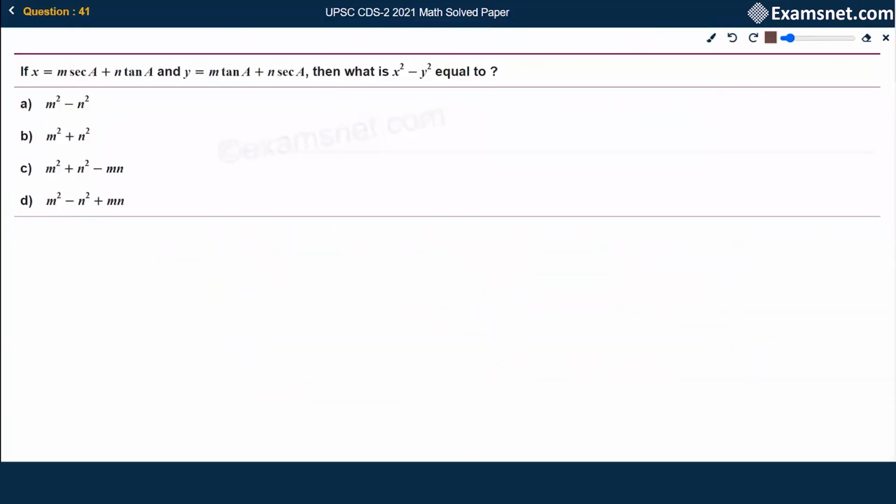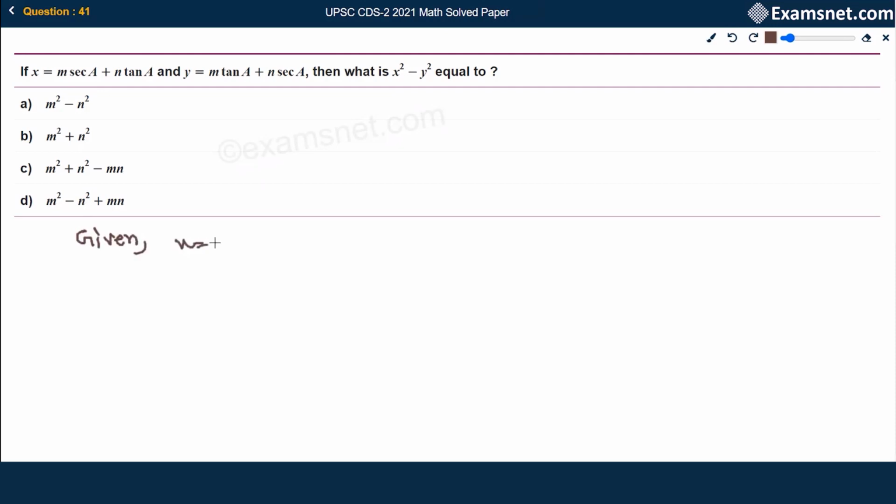In question number 41, it is given that x equals m sec a plus n tan a and y equals m tan a plus n sec a. Then what is the value of x square minus y square? First, we will list down all the given information.